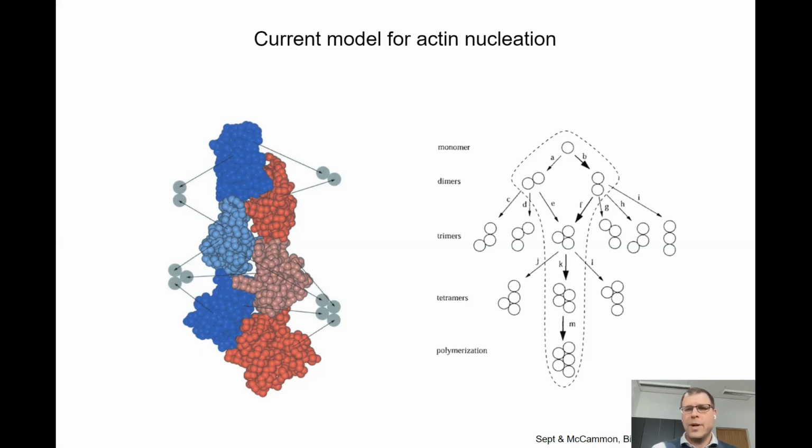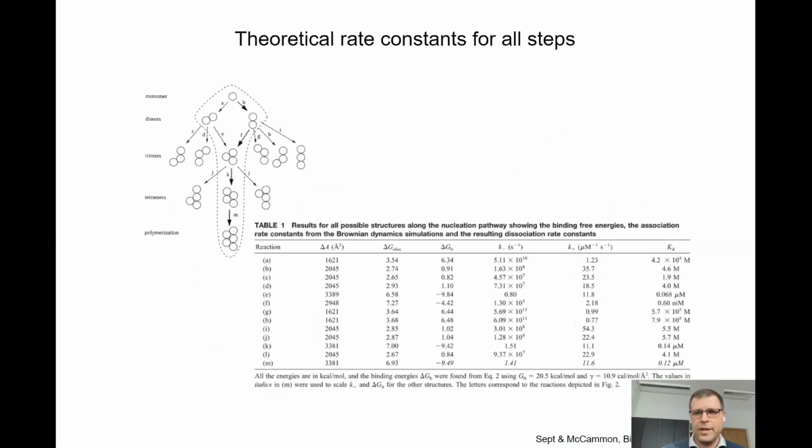So basically, their conclusion was that you can have 2 different dimers which are relevant: the longitudinal dimer and the cross-filament dimer. Then they figured out growth, association and dissociation rates, as well as dissociation constants for each of these steps.